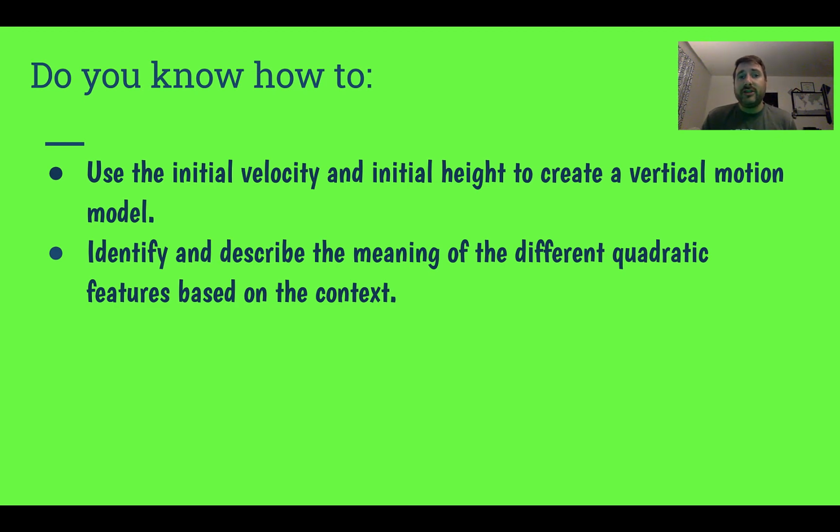If you're not sure about these things, go back and look at the different examples and where the features were found and what they meant in context. In general, most of the features are going to mean the same thing regardless of the context. So you can easily extend them to other contexts. And that's the end of lesson 6 on vertical motion models.